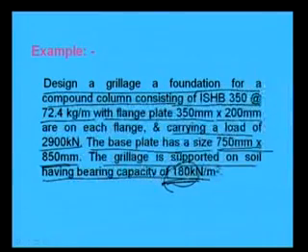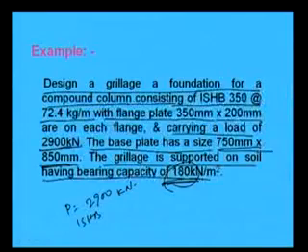So, base plate size here we have fixed that 750 by 850, okay, and load is carrying by 2900, here P is 2900 kilonewton, and column section we are taking ISHB 350, right, okay, and bearing pressure in soil is 180 kilonewton per meter square, okay.